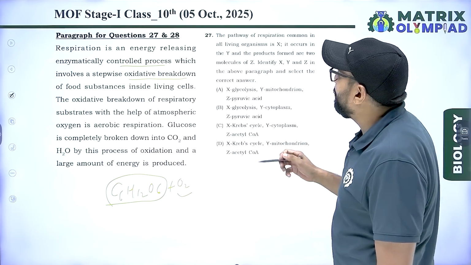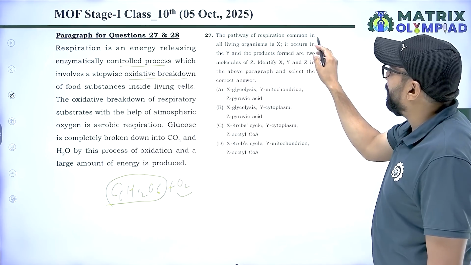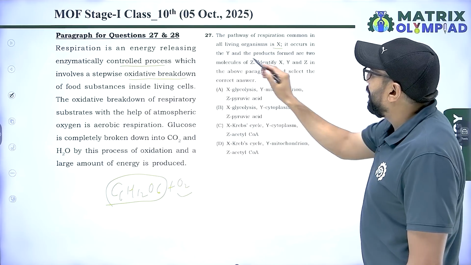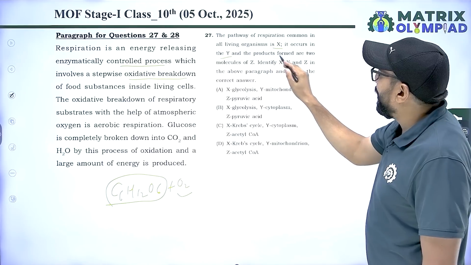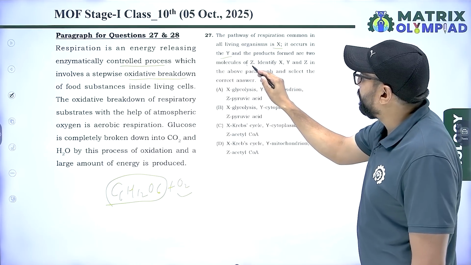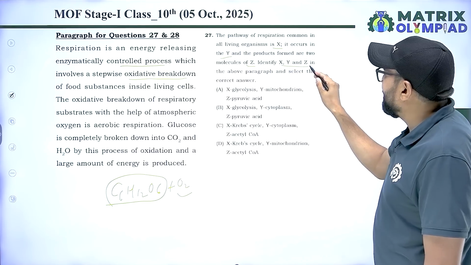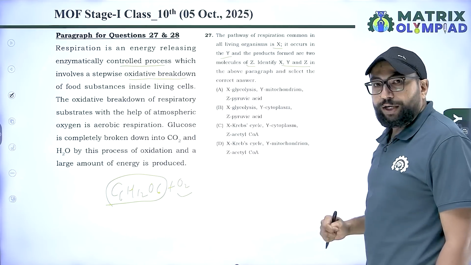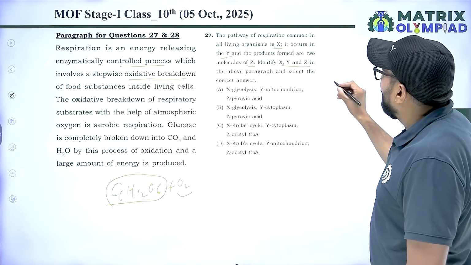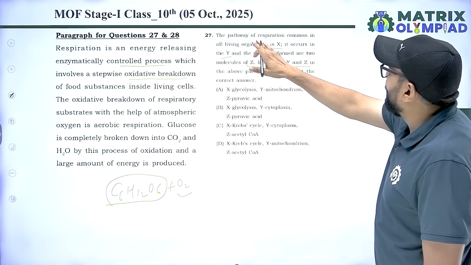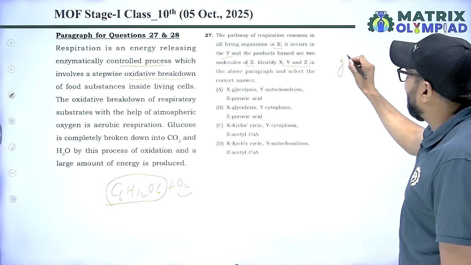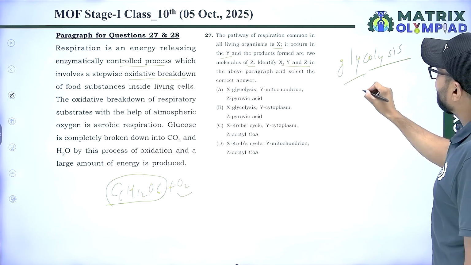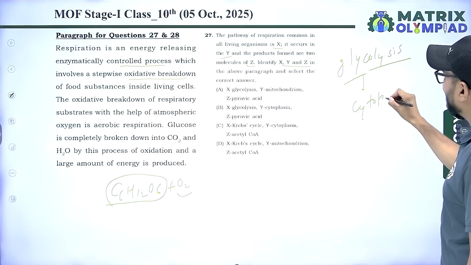Question according to the paragraph: The pathway of respiration common in all living organisms is X. It occurs in Y and the products formed are two molecules of Z. Identify X, Y, Z in the above paragraph and select the correct answer. According to the paragraph, X is the pathway of respiration, that is glycolysis. Glycolysis is a process that is found in the cytoplasm.